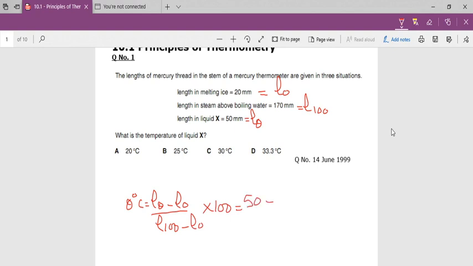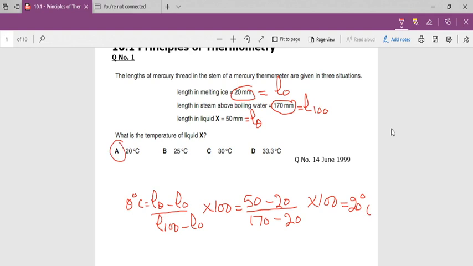The L0 is given over here, it is 20. And then the value of L100 is this one, 170. And again L0 is 20, and multiply by 100. So when we calculate this, we will get 20 degrees centigrade. So the correct answer will be option A.